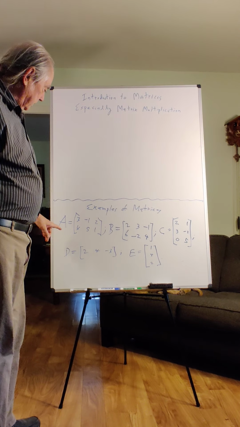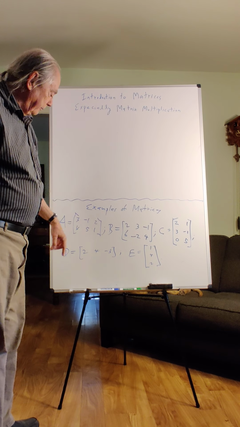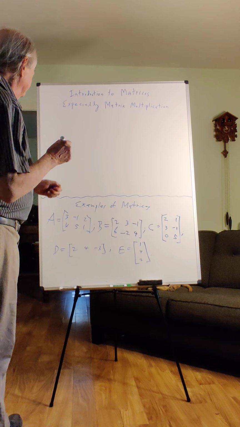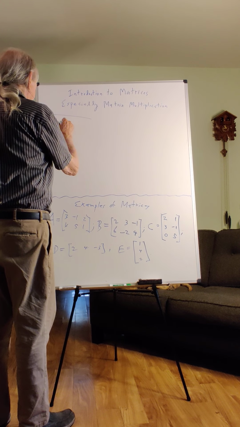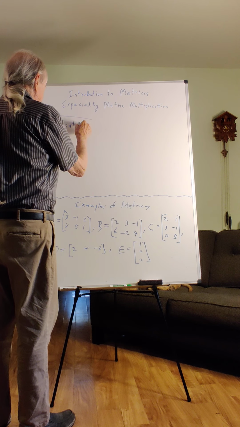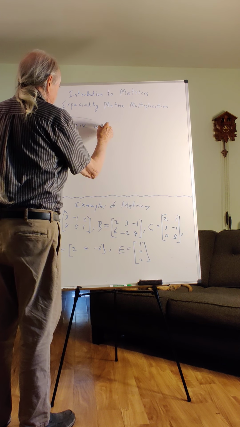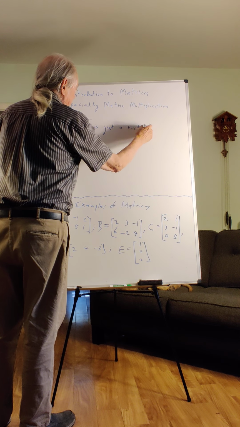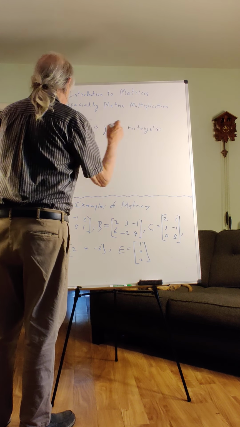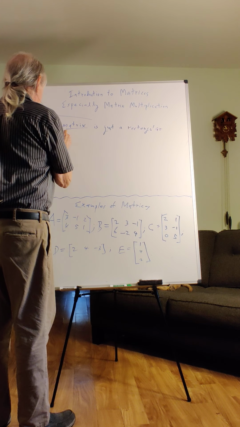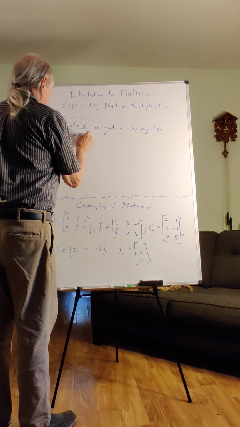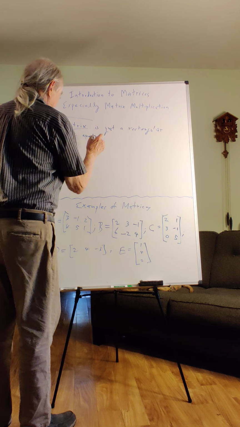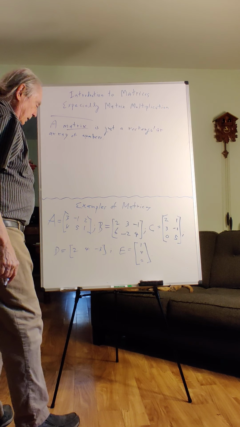Okay, a matrix is just a rectangular array of numbers. We have 5 examples of matrices down here. So for example, here are several examples of matrices.